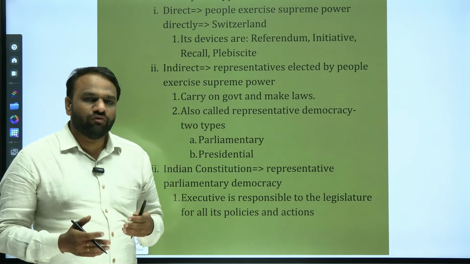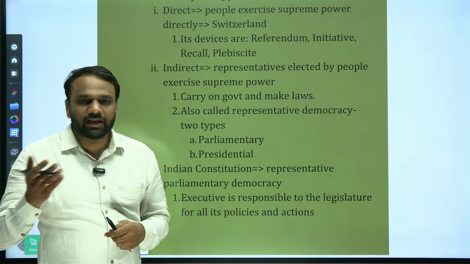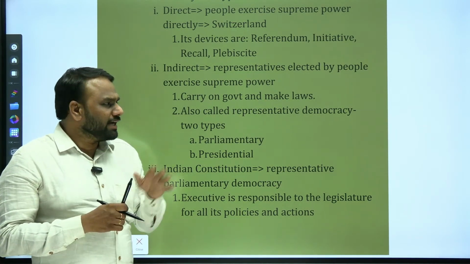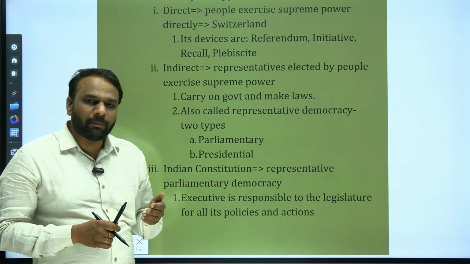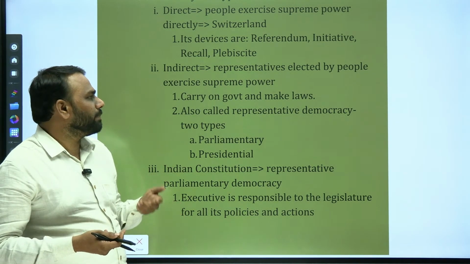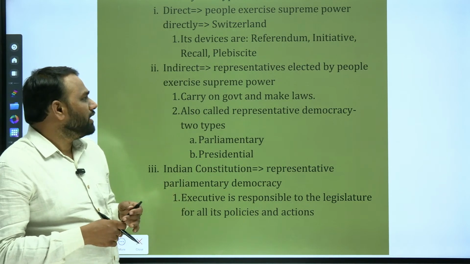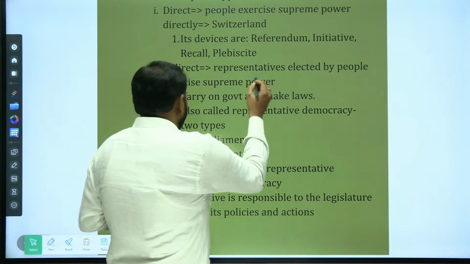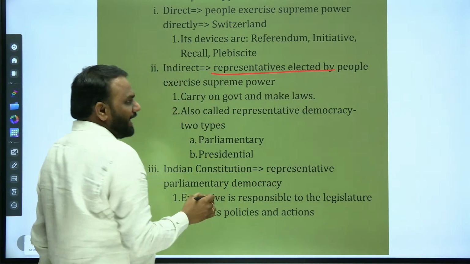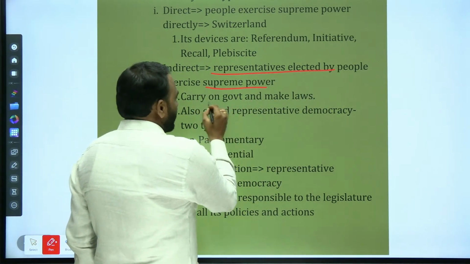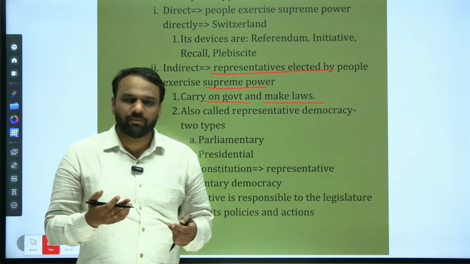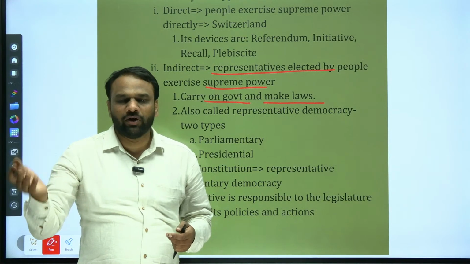We elect Lok Sabha members and we elect MLAs. Similarly, MLAs elect Rajya Sabha members. So either directly or indirectly, elected members represent the people and make laws on behalf of the people of India. Representatives elected by the people exercise the supreme power, carry on government and make laws. How the government is carried on and how the laws are made, we have already seen in the topic called Parliament.